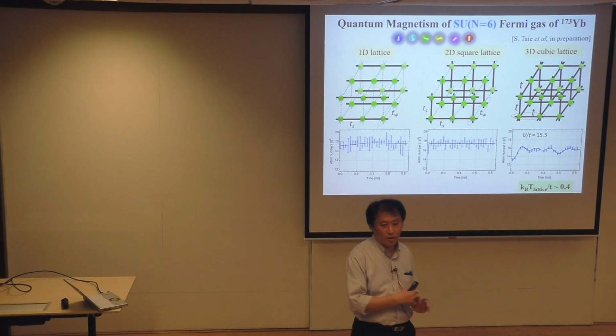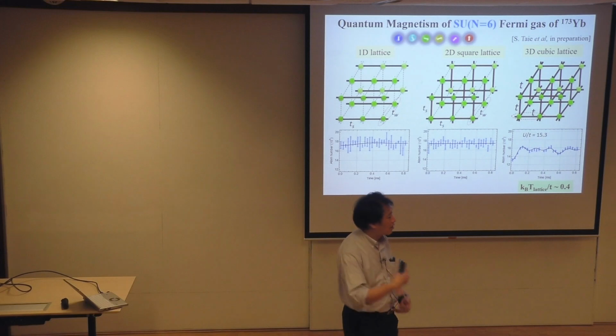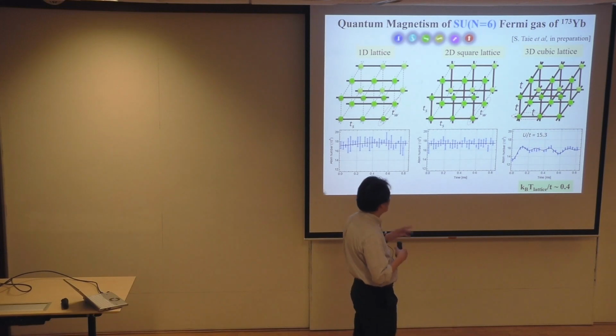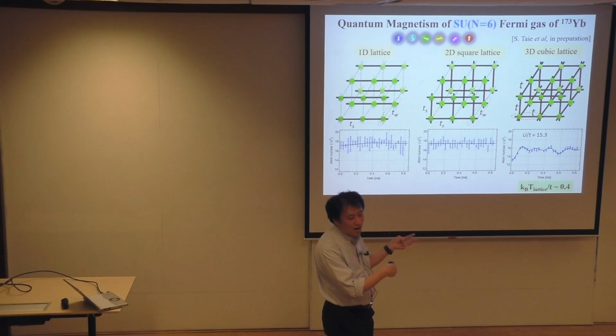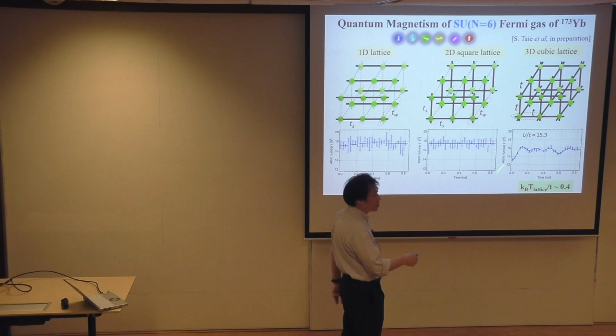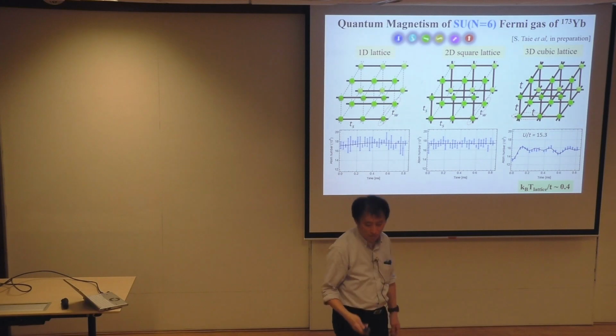So this is really cold. Of course, we need very sophisticated theoretical calculation to determine the temperature of the atoms, but we apply the atomic limit approximation to estimate this temperature. I think it's not so different from the real temperature.